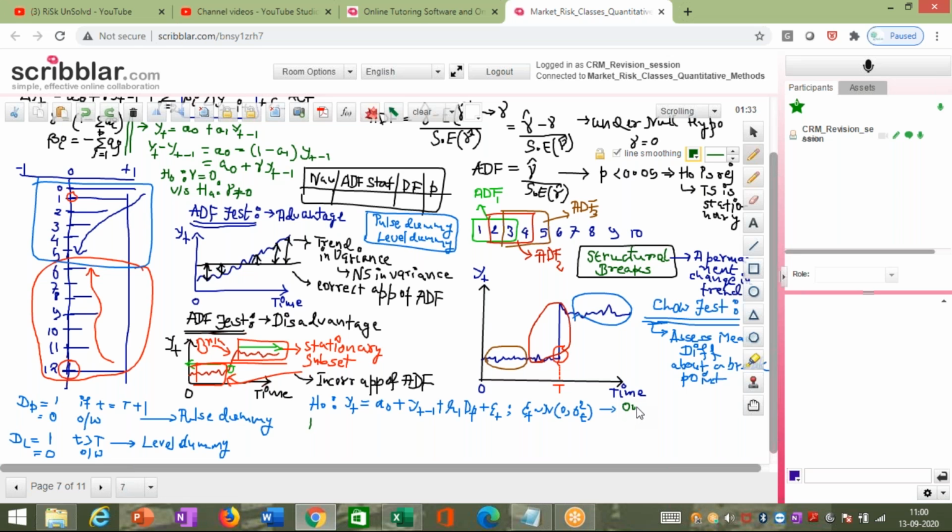Now if the one-time jump comes from a non-stationary process, an already non-stationary process, an already unit root process, then it is not a structural change.